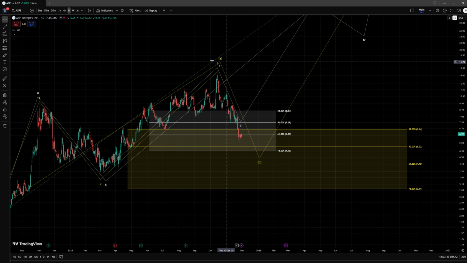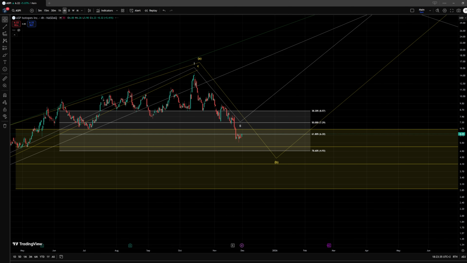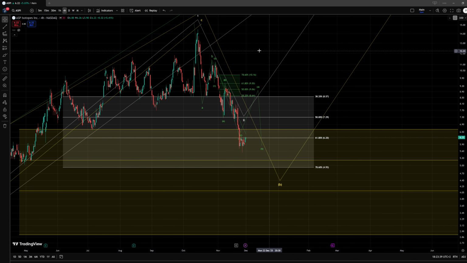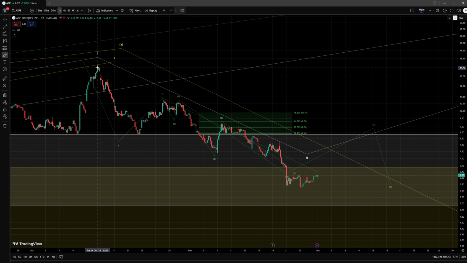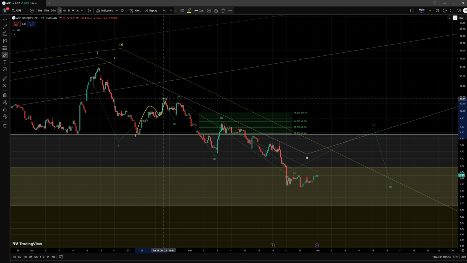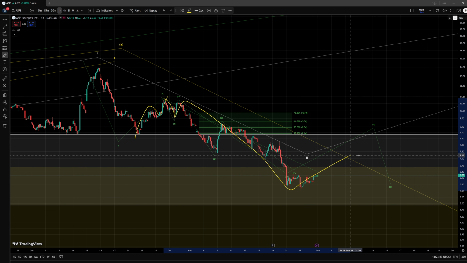Now, within the small time frame in this area, we have been looking for further extensions lower, as I was mentioning, and we were looking for an ABC structure to develop very likely, especially because within this initial movement down, we had a 5-wave move to the downside, and after the 3-wave correction in a wave B, we were expecting an additional 5-wave move to the downside.